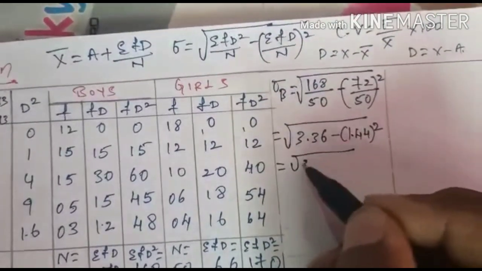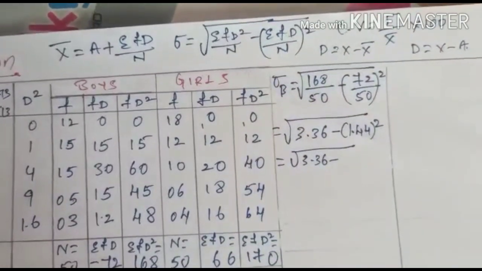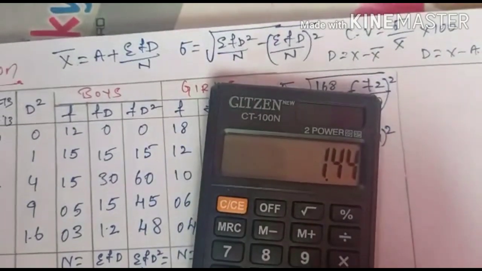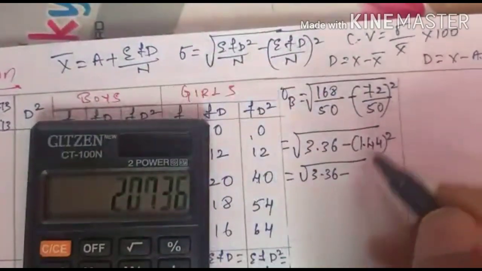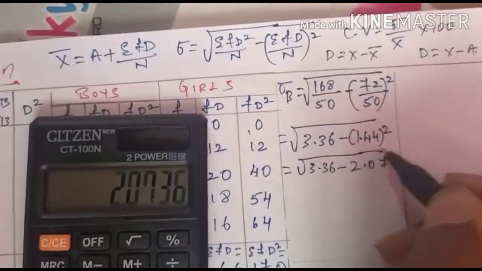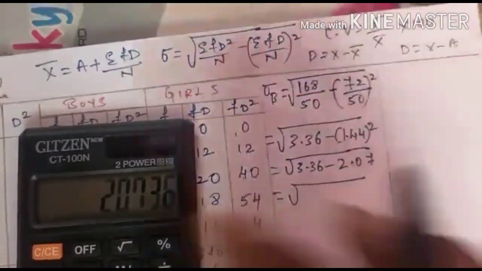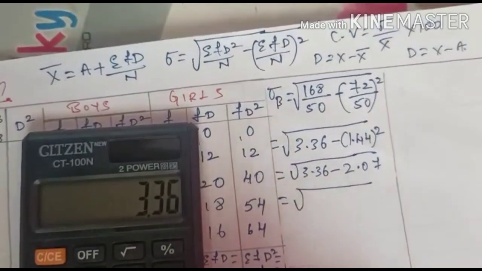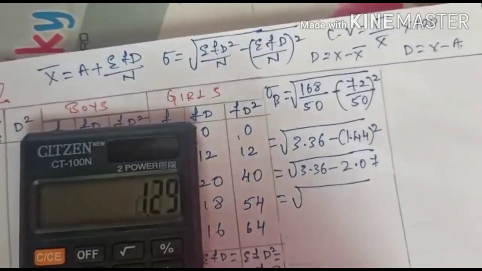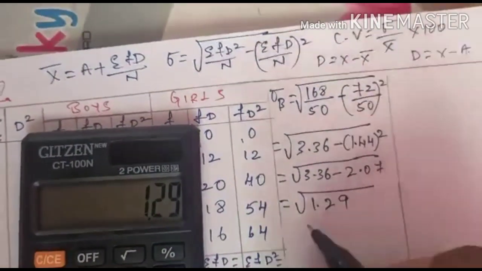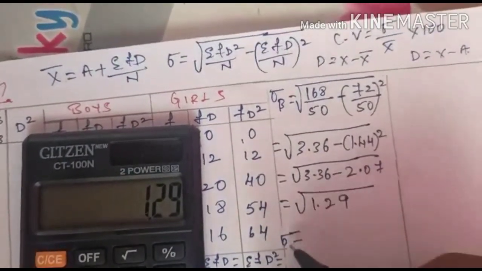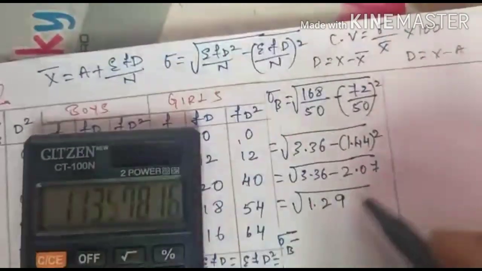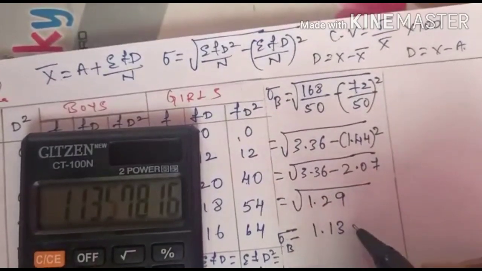Now the square of 1.44 gives 2.07. Now square root of 3.36 minus 2.07, that is 1.29. Now the standard deviation of boys is equal to 1.136.